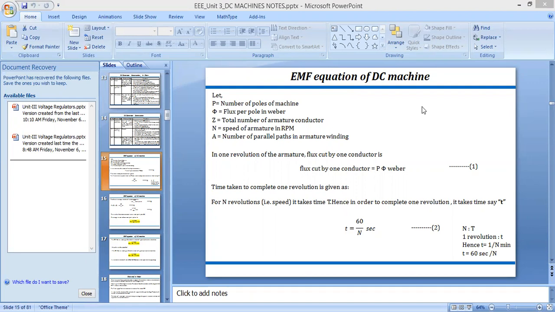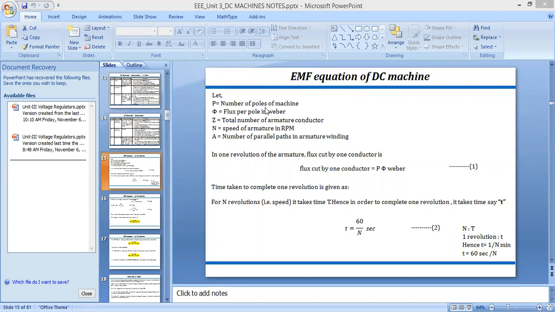We have seen the yoke is the outer protective layer which gives support to the assembly of the DC motor and the DC generator. Then we are using the armature, on which we use the poles on which we take the winding.